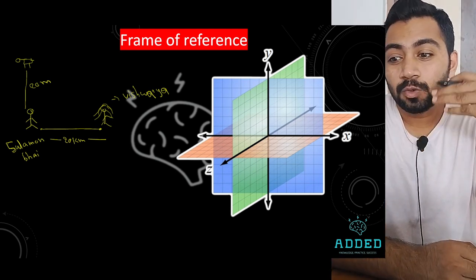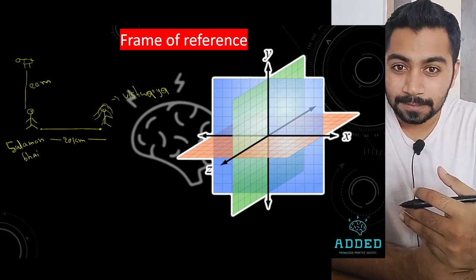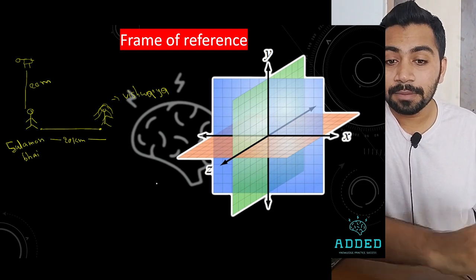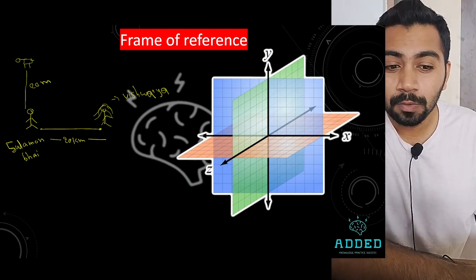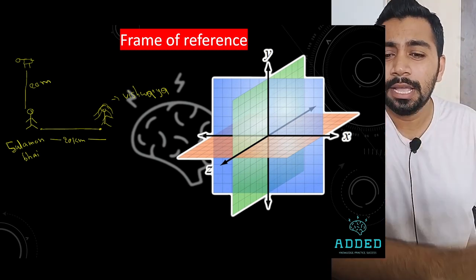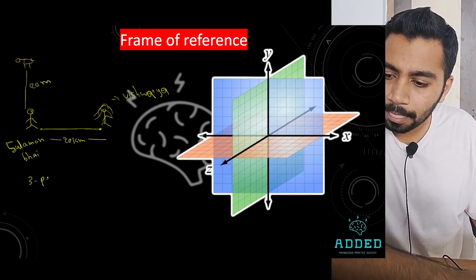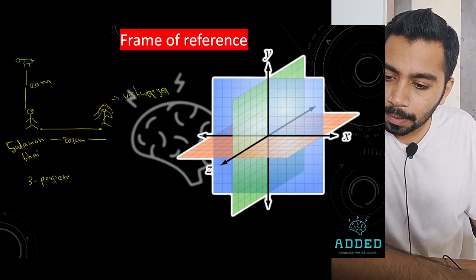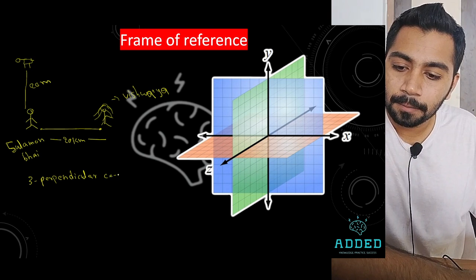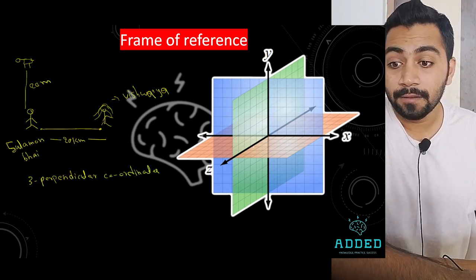To understand this, we come to a new topic, frame of reference. A frame of reference is a Cartesian coordinate system. Frame of reference means three perpendicular coordinates: the x-axis, y-axis and z-axis. Very simple.